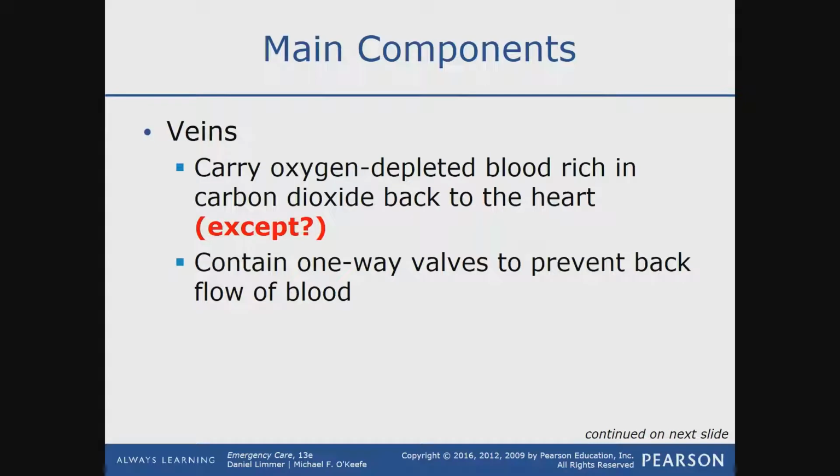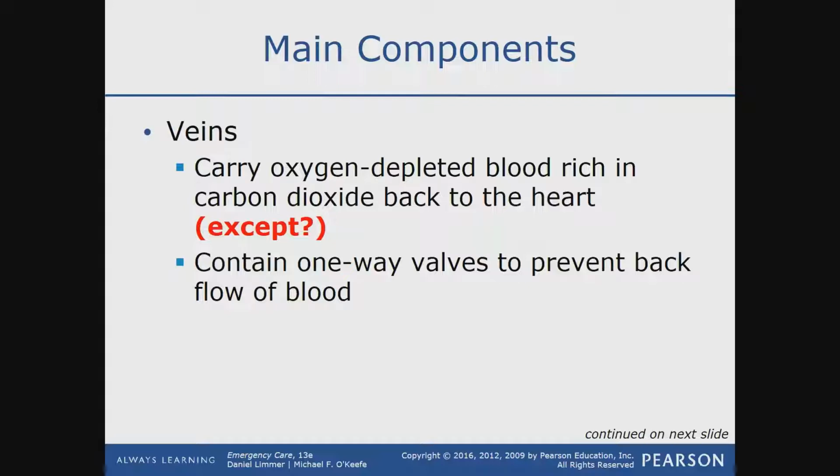Your veins, we talked about them. They carry oxygen-depleted blood, meaning that it's not very high in oxygen, it's poor in oxygen but rich in carbon dioxide. This blood is carried back to your heart to get oxygen to then feed the tissues of the body.